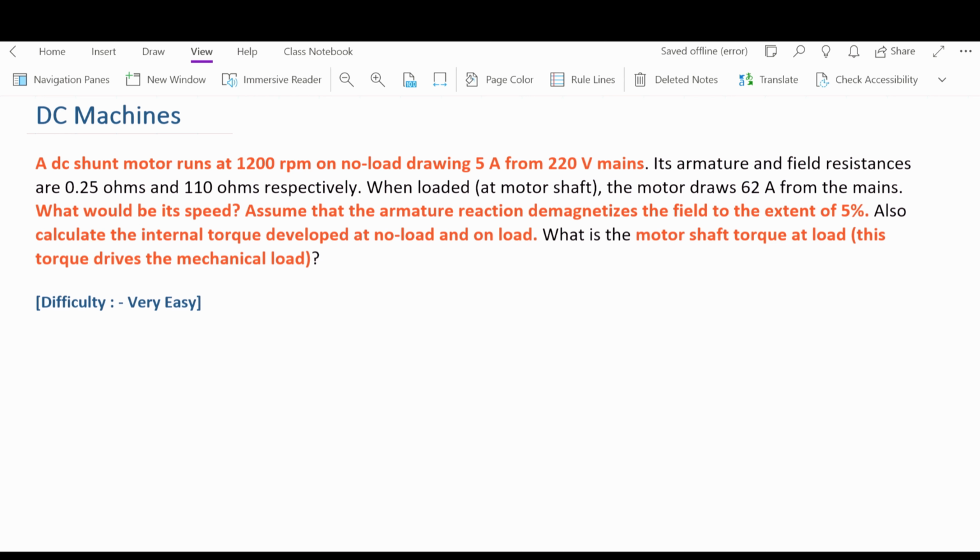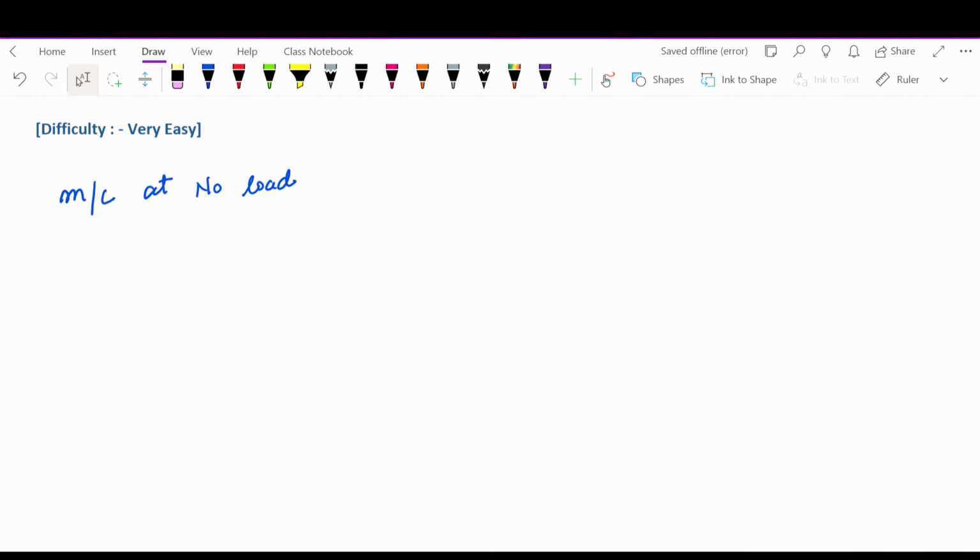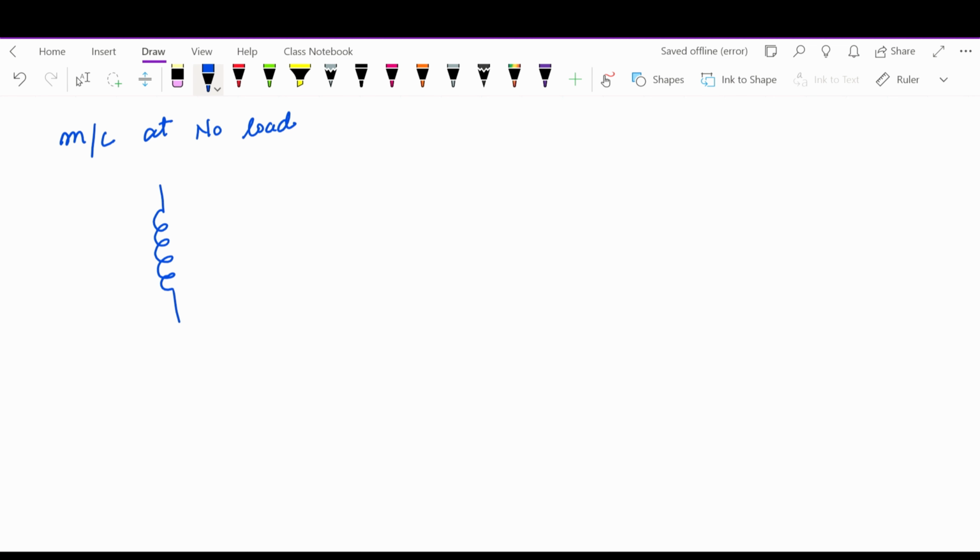So we'll draw just a rough sketch of how the machine would look like in a load. So the machine at no load, a DC shunt machine, just a rough sketch of the machine, how it would look like.